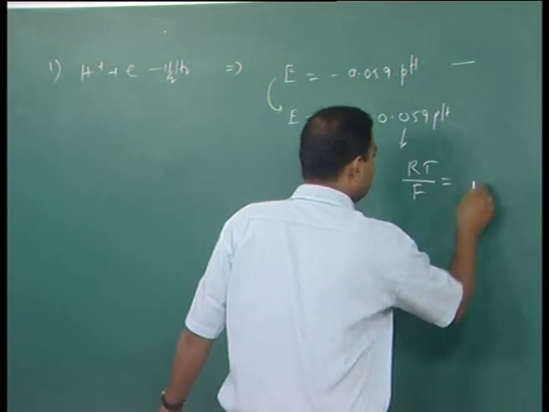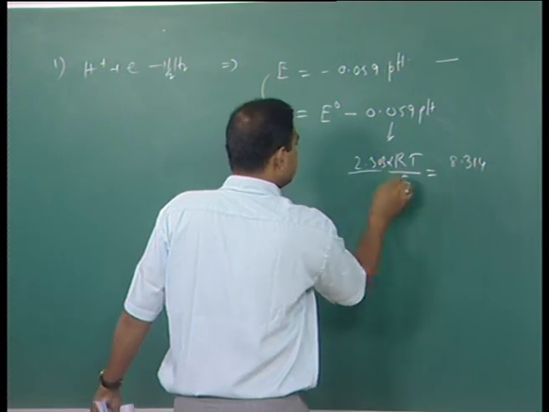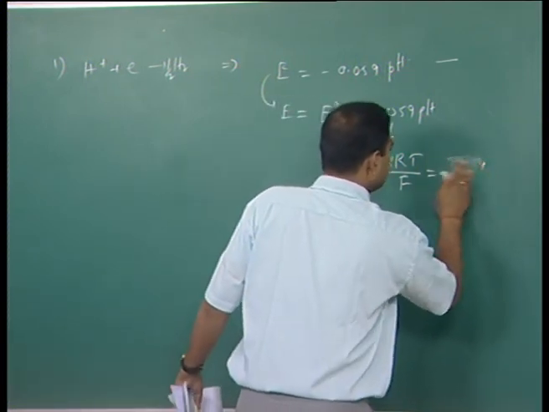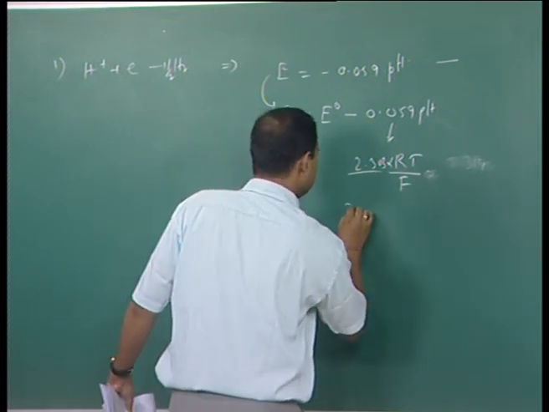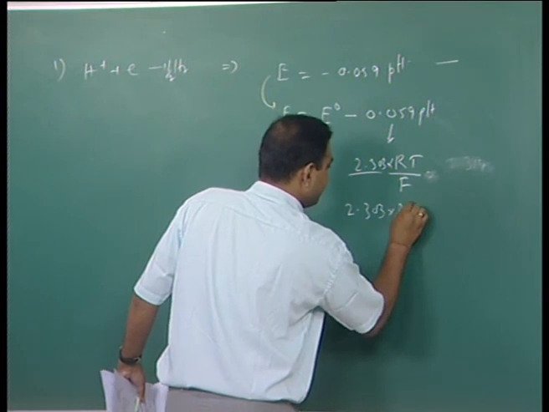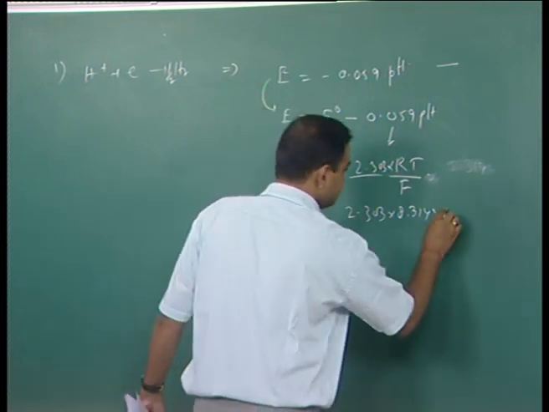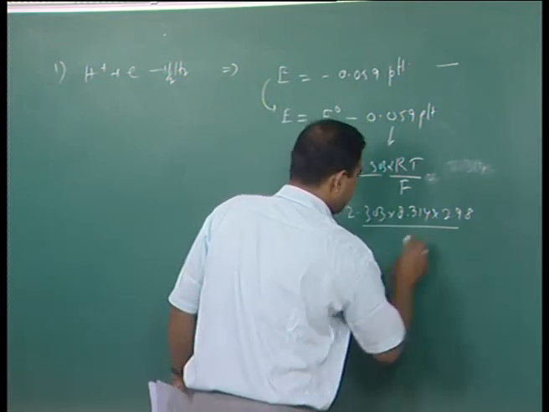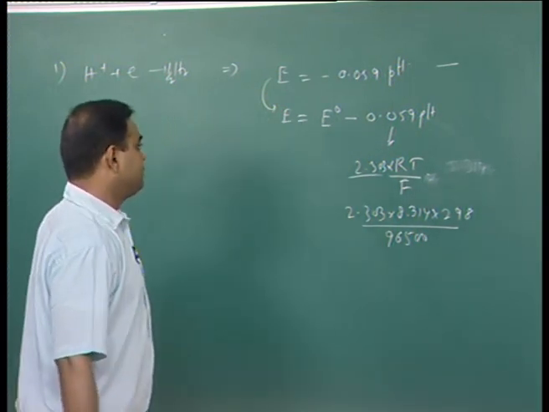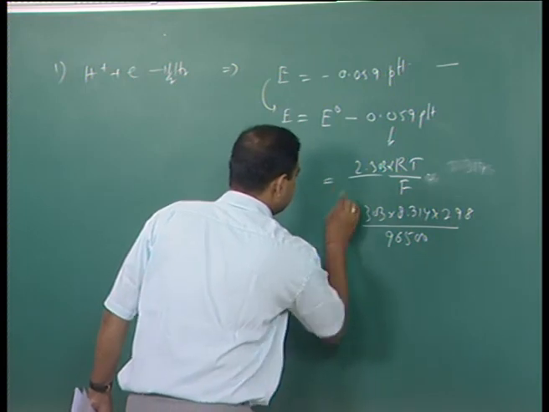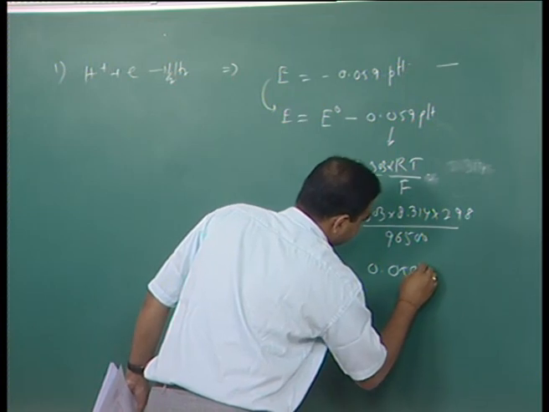You just put that value: 8.314 into 2.303. If you take R equal to 8.314 and T at 25 degrees Celsius, 298 Kelvin, and F is close to 96500 coulomb per gram equivalent, then you will see that this is close to 0.059.